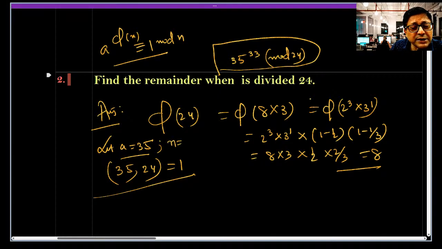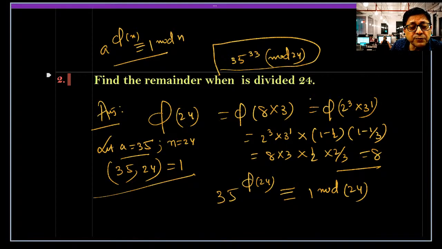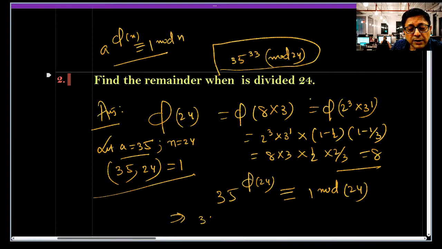We are going to take n equal to 24. So A is 35. 35 to the power phi 24 is congruent with 1 mod 24, because my aim is to divide by 24. That's why I am calculating phi 24 here. 35 to the power 8 is congruent with 1 mod 24.